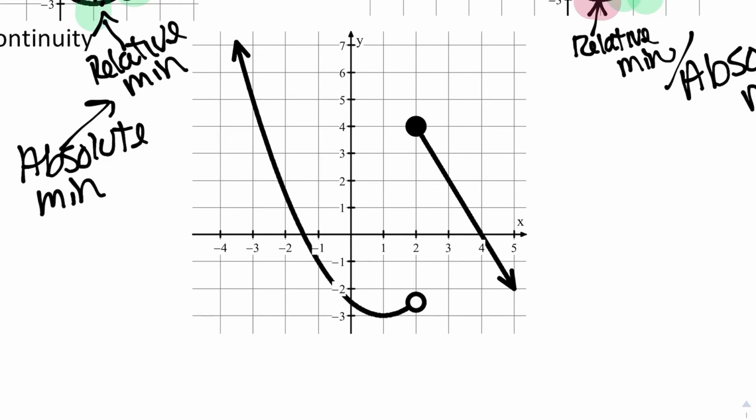And the third example, we have an open endpoint and then a closed endpoint above it. Here is a little dip or valley, and that is still a low point on the graph, but because I have this going to negative infinity, it's not the lowest anymore. So this is a relative minimum.